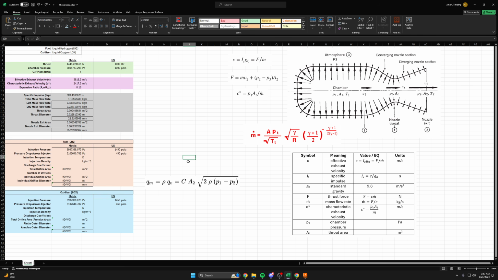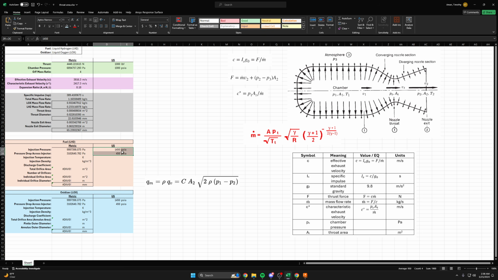And if you had a two-phase propellant, such as nitrous oxide, you might want to take a different approach as well, which we may go over later. But for this simple case, since we have liquid hydrogen and liquid oxygen, we're going to make the assumption that they are both single-phase incompressible liquids, which may or may not reflect reality, but it's good enough for a first-order analysis for this simple case.